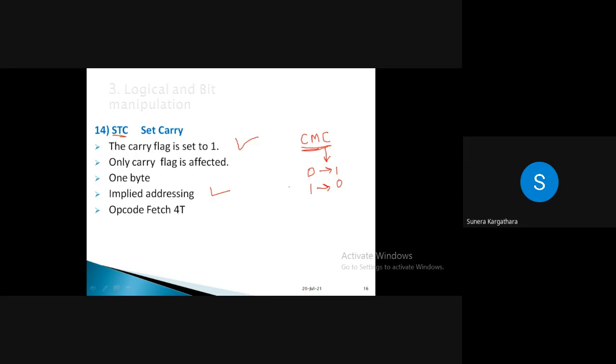So complement of your carry bit is possible through CMC. Any doubt, students? The remaining things are the same. Only the carry flag will be affected. It will occupy only 1 byte of memory. It will not use any operand. The carry will be set or reset depending upon the previous value, and it takes only the opcode fetch machine cycle. So I hope this instruction is clear. Any doubt with CMC?